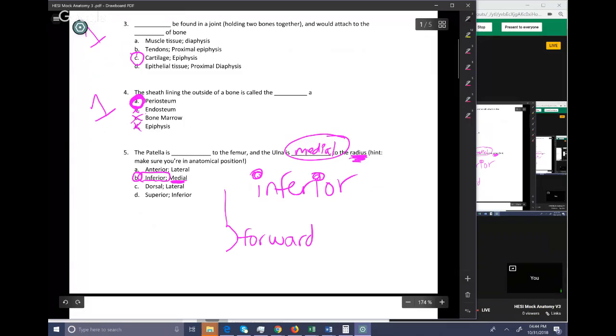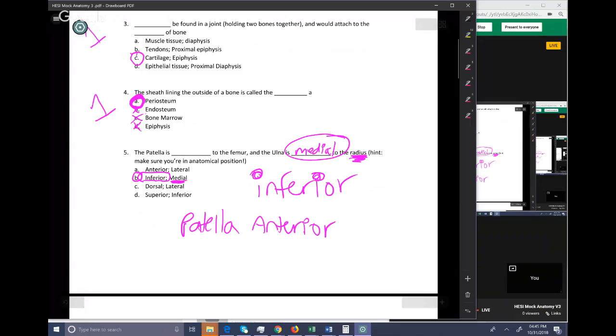So in a sense, although inferior and superior is the best way to describe the patella in relation to the femur, you could also potentially say that the patella is anterior, a little closer to the front of the body, versus the femur. They would never have both of those there. They would not put medial here and make you choose between anterior and inferior, because literally it could be either of those and there's no way to prove that it's one or the other.